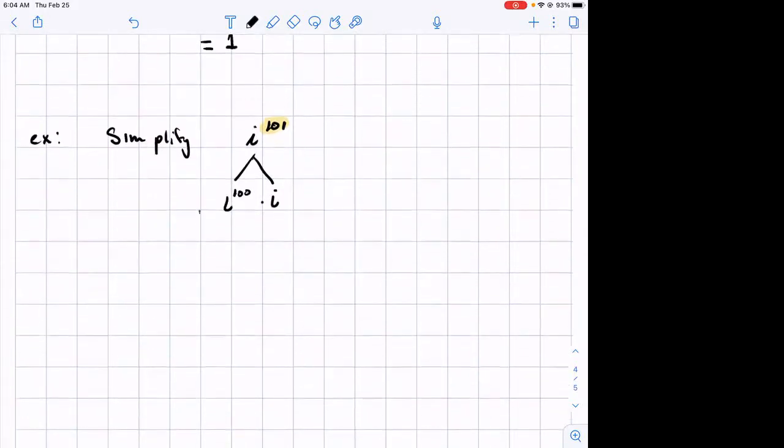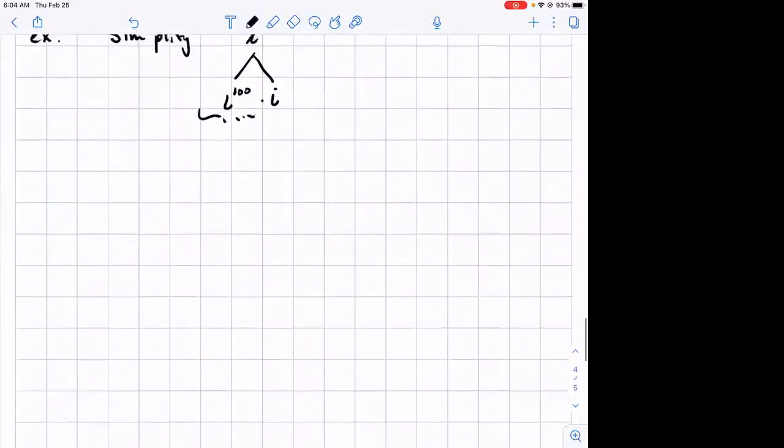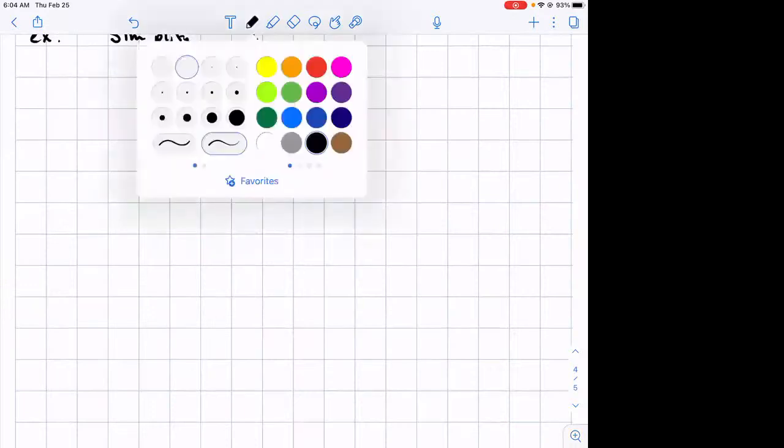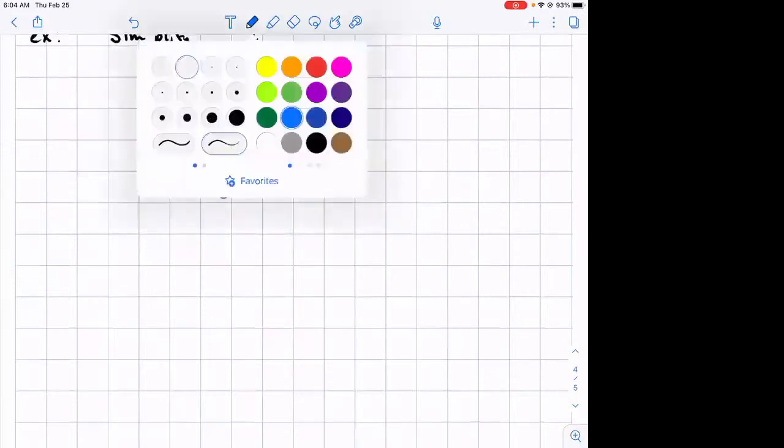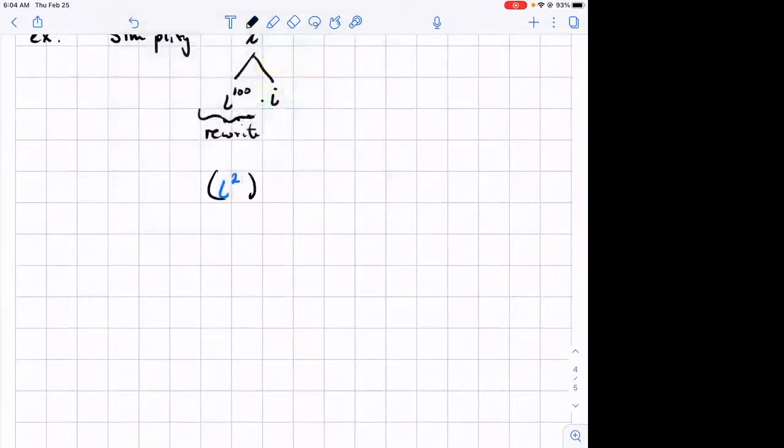And then we can rewrite this piece: i to the 100 becomes i squared raised to the 50th power. And don't forget the i we have here.